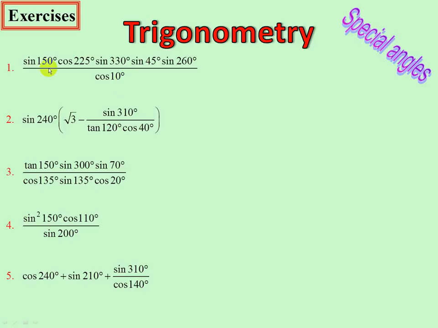It's important you show the reduction, though. Don't go straight to sine 150 and enter it on your calculator. It'll give you a half, but unfortunately you will lose marks, because you'll be assumed to have used your calculator if it's told you no calculator.